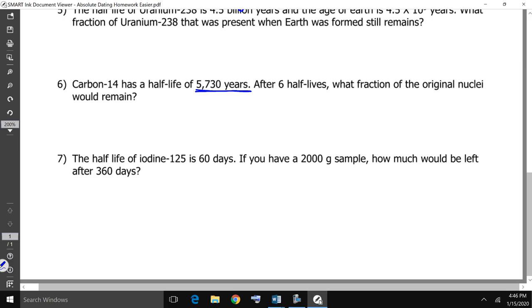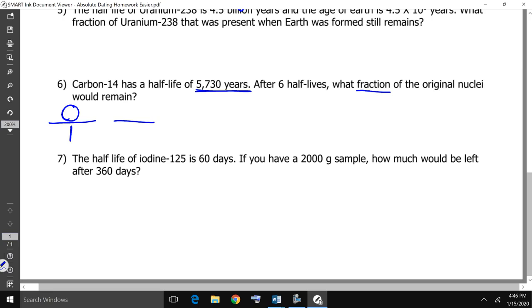It's asking for the bottom. So, again, I can use time 0. I have 100% or 1. If we're using fractions, it asks for a fraction, not a percent. So I'm going to put 1. 1 whole is what we have at time 0. So again, I don't have to start calculating 5,730 and so on.